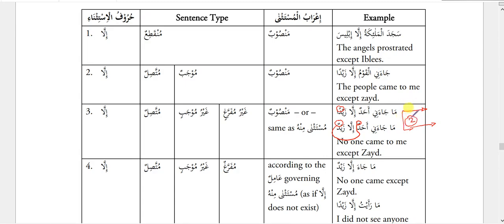When illa is used as harf istisna, the mustasna minhu is mentioned in the sentence, and the whole sentence has a negative meaning. In this case we are given two choices: either use the general i'rab of mustasna, that is fatha, or put the same i'rab on mustasna that was on mustasna minhu.